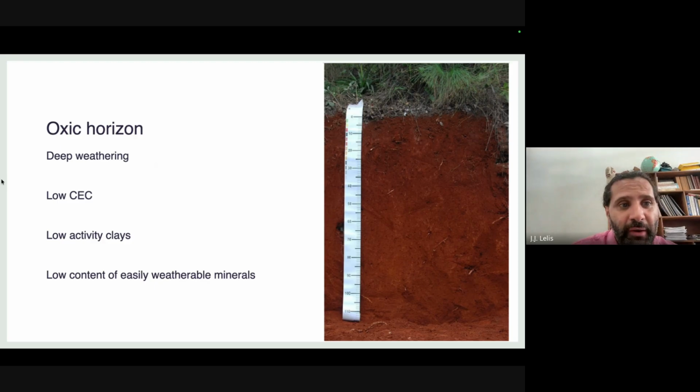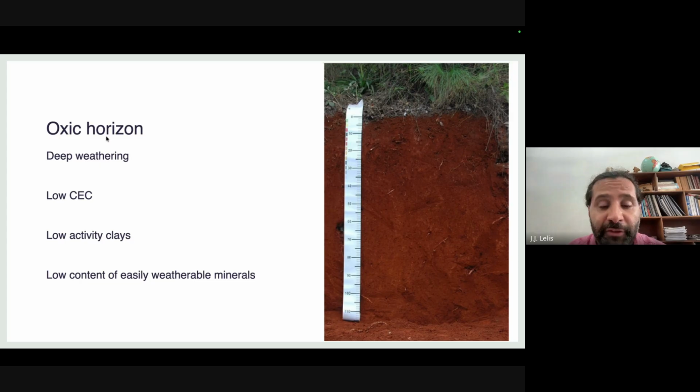Now let's talk about a horizon that's really, really important. In this case, this horizon doesn't register higher clay content at subsurface. The oxic horizon registers basically a very similar clay content in the subsurface horizon when I compare the subsurface and the surface horizons.